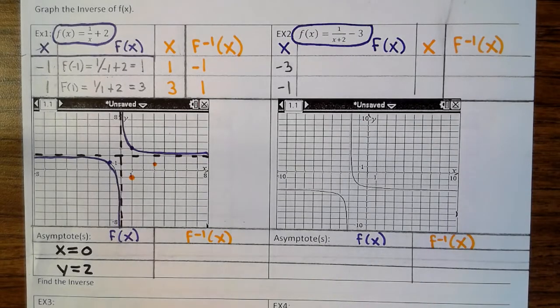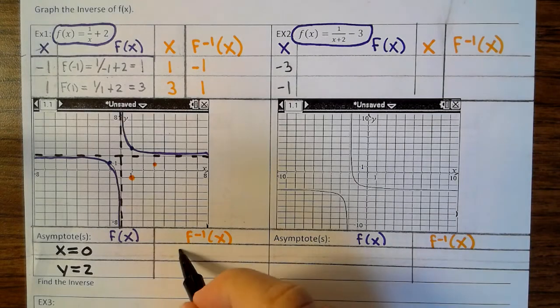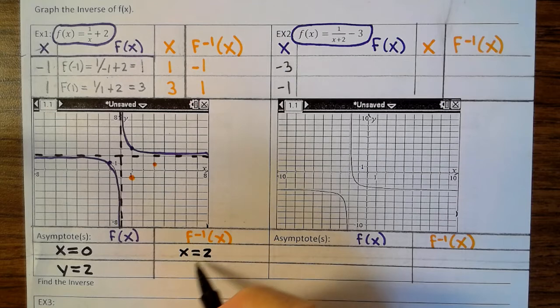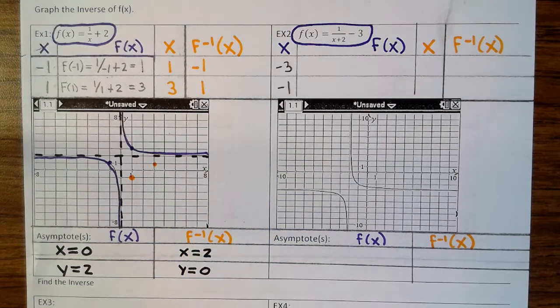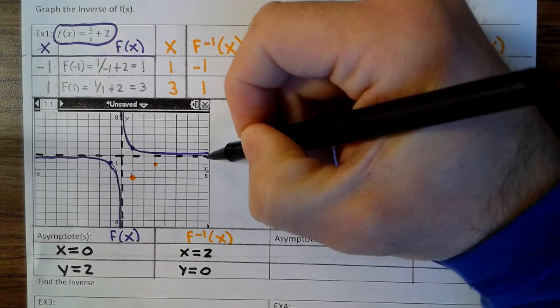Okay, now we have to look at the asymptotes. So the asymptotes switch, so that means x equals 2 and y equals 0. So x equals 2.